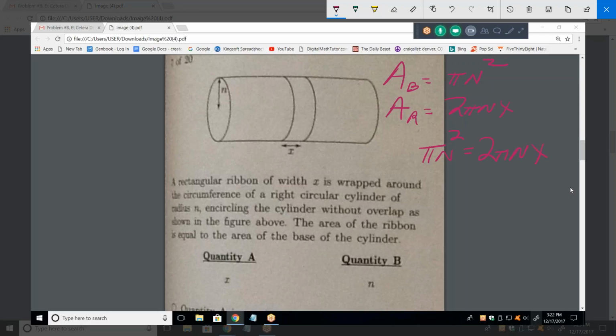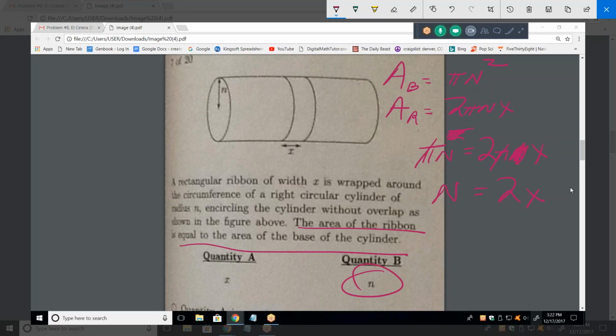Yes. That's correct. Now I can cancel that and cancel that and cancel the n with one of the exponents. So I have n equals 2x. So n is bigger. Always.